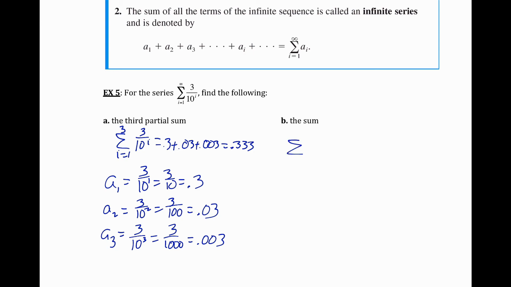In other words, if I were to do this pattern forever, to infinity, plugging in 3 over 10 to the i, adding the fourth term, the fifth term, the sixth term, it would just be 0.3 repeating forever, which is the same as 1/3. So in this case, we'd add up literally an infinite number of terms and be able to get a finite answer of 1/3.